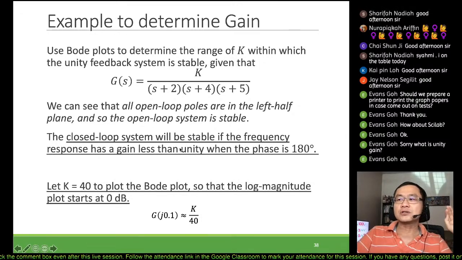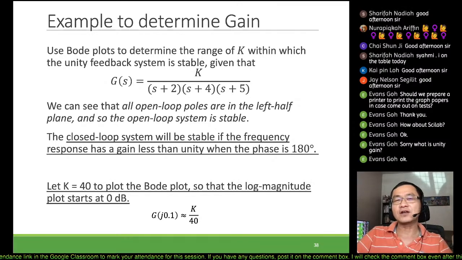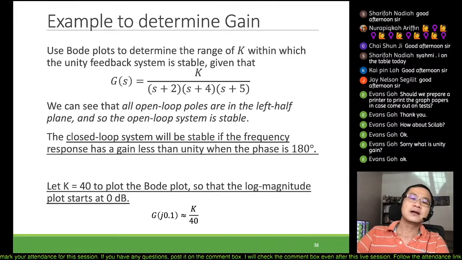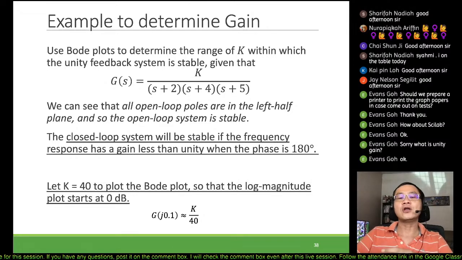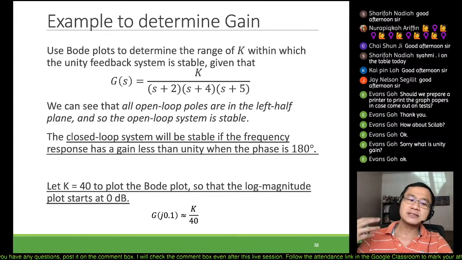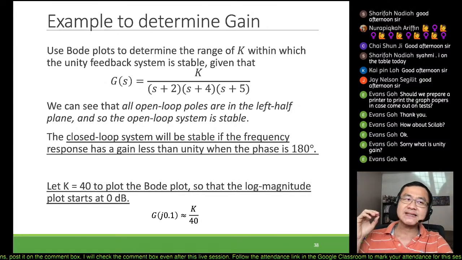Either you use the root locus technique to identify the locations of the root locus, whether it will shift to the right half plane or not, or you can also use the frequency response technique.